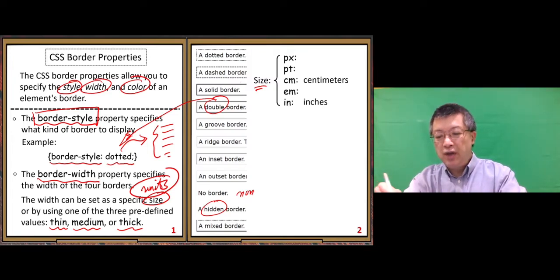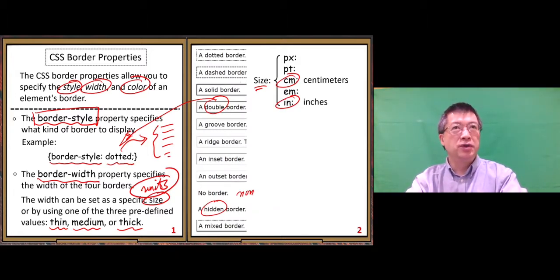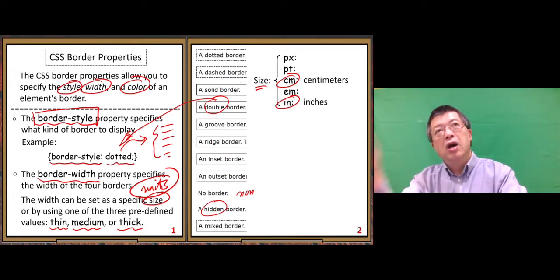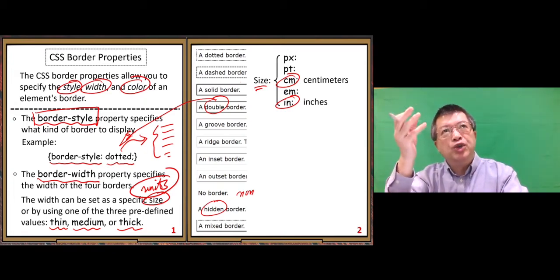But usually, when we talk about the border width, centimeter, inches, too big, right? How many times do you use a border width near an inch, near a centimeter? Nobody will do that, right? So that's why most of the time we use much smaller units.